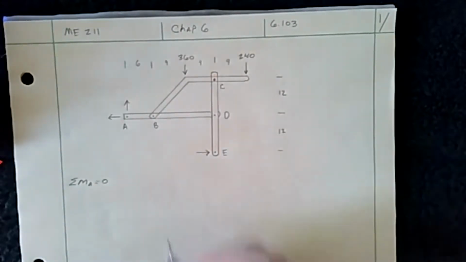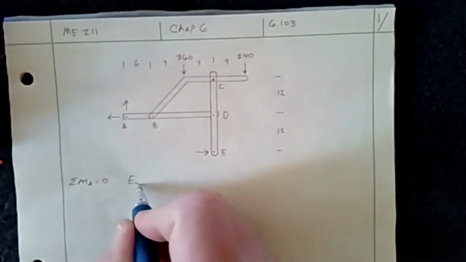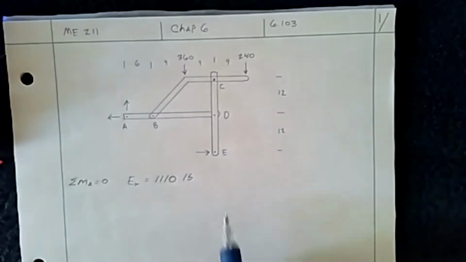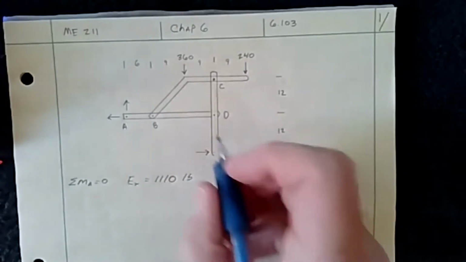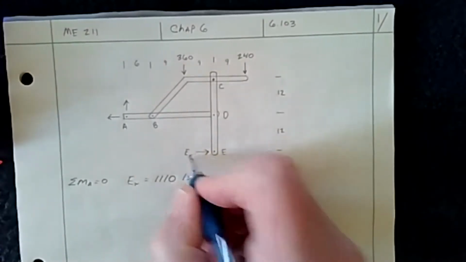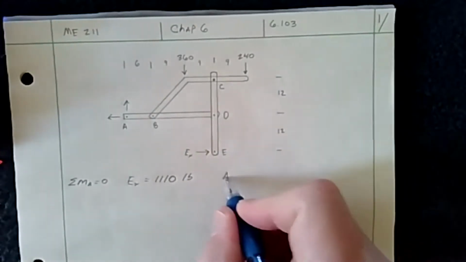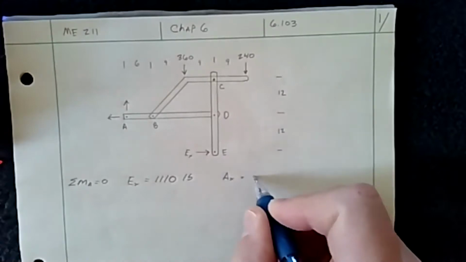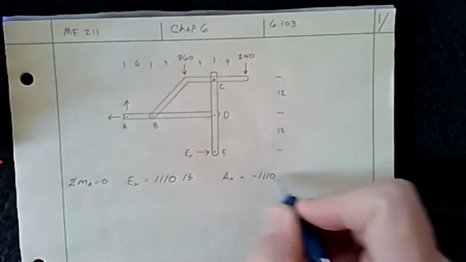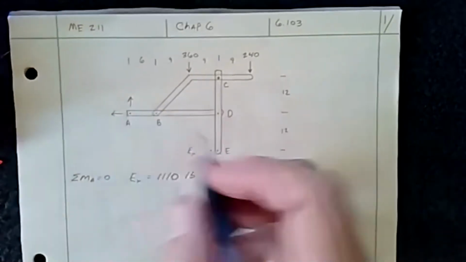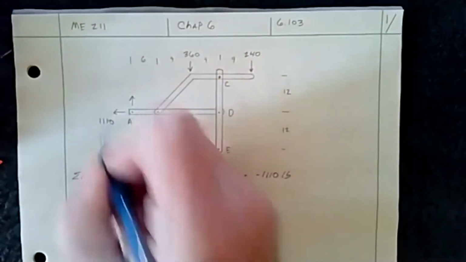What I'm going to tell you is that results in EX being equal to 1110 pounds. So that's that force there, EX. Therefore, AX equals negative 1110 pounds, right? So AX is going that way.